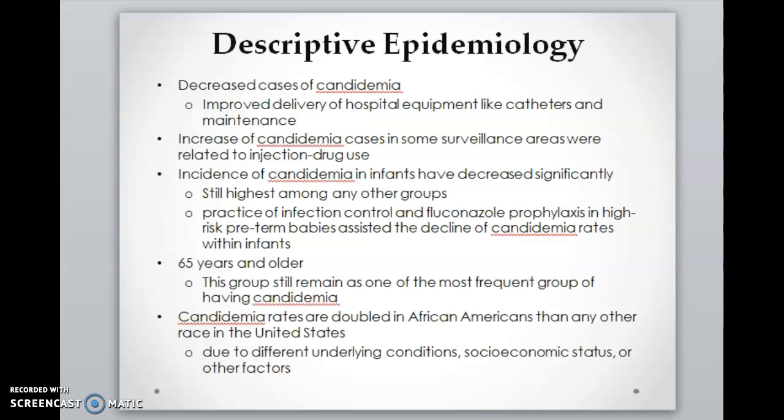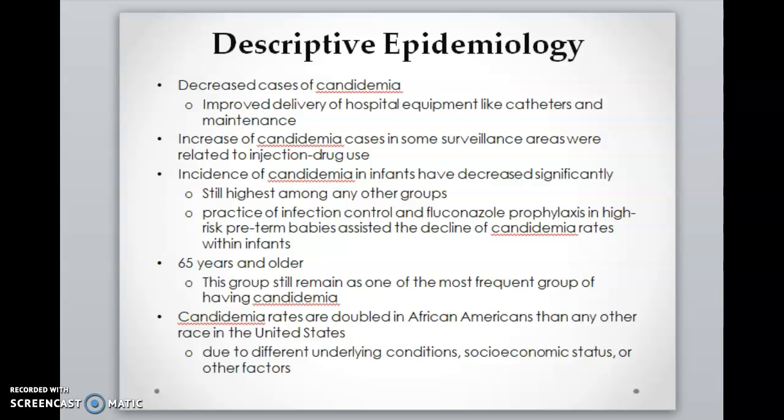Descriptive epidemiology. A reason why cases of candidemia are decreasing is because of improved delivery of hospital equipment and maintenance. Some surveillance areas show increased cases of candidemia, and those areas had a lot of injection drug use.